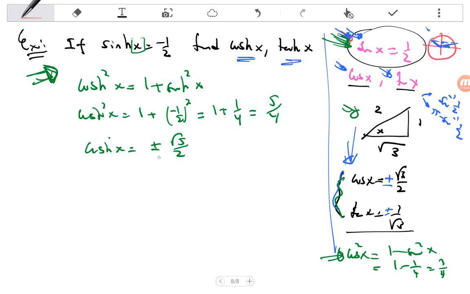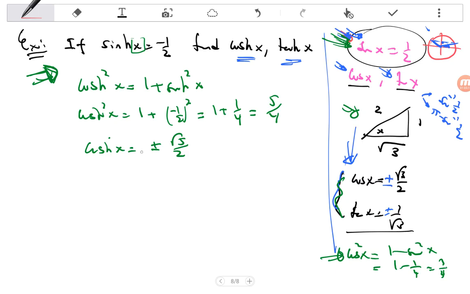But if you remember, could a cosine have a negative value? No, we learned that a cosine always has a value that is greater than 1, not only positive.